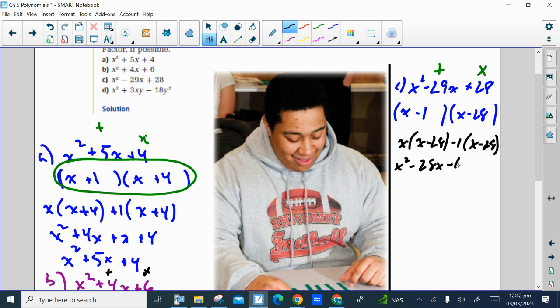Negative 1 times x is minus 1x, and negative 1 times negative 28 is positive 28. You've got the x squared, negative 28x take away 1x is negative 29x, and then we have the plus 28 at the end. It works.